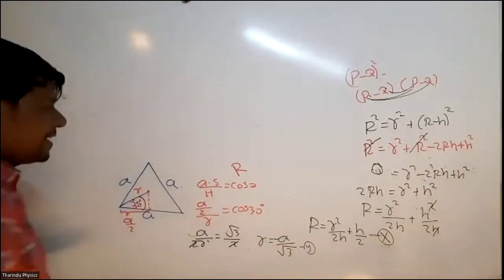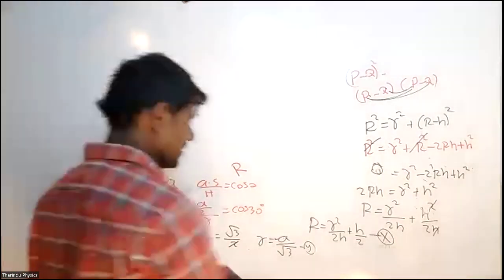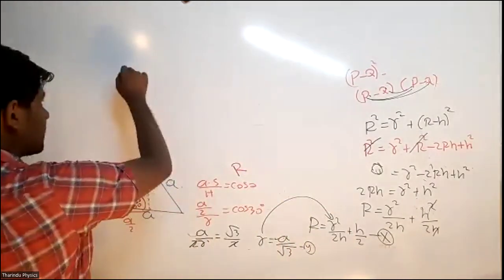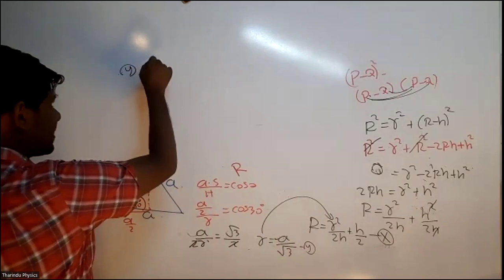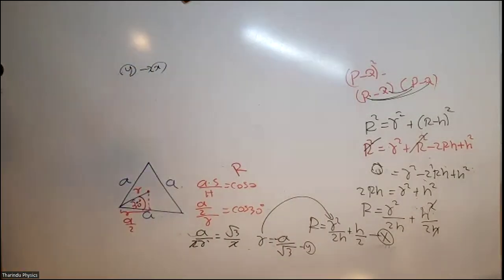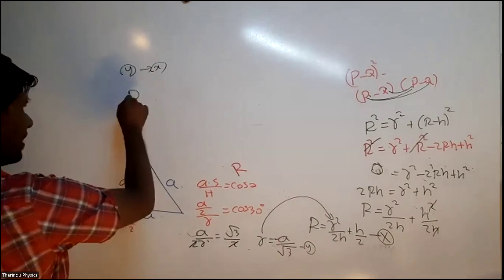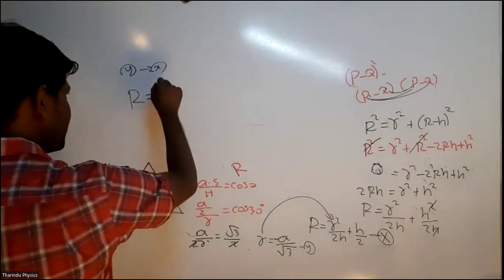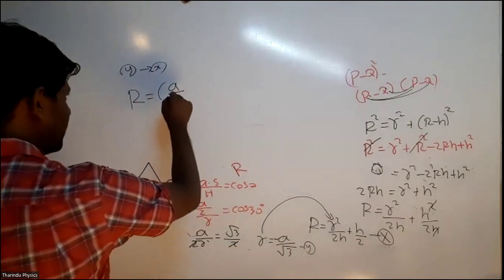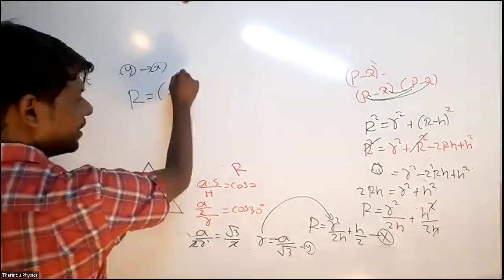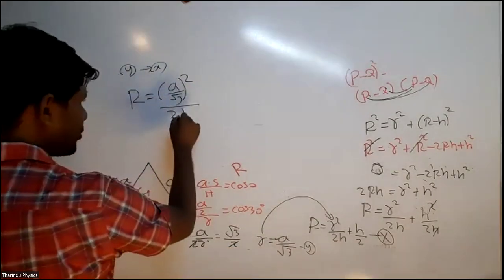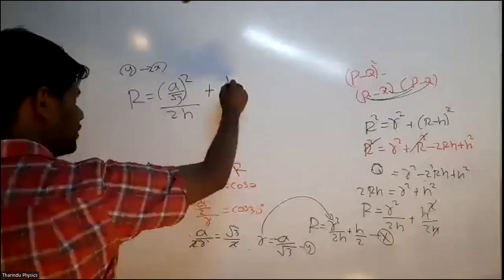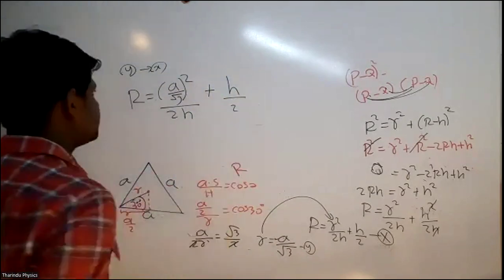So my next step is, I am going to put this R value here. Now y into x. I can write it like R equals, R is a over root 3, a over root 3 to the power 2 over 2h, plus h over 2.